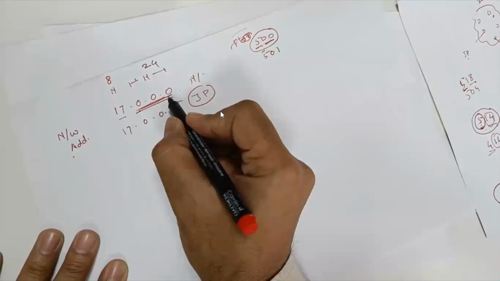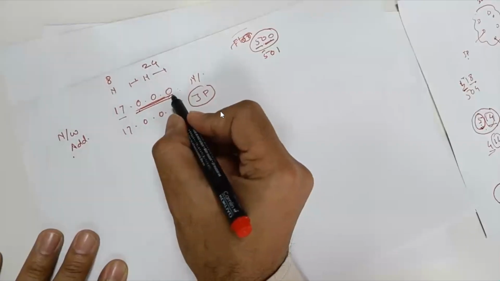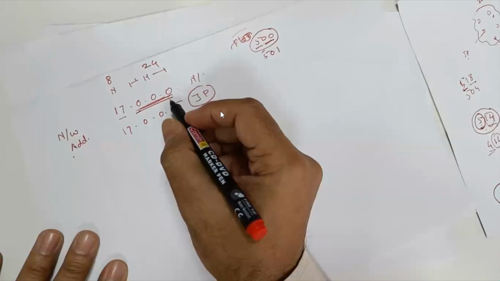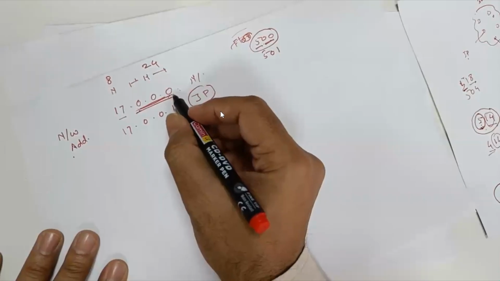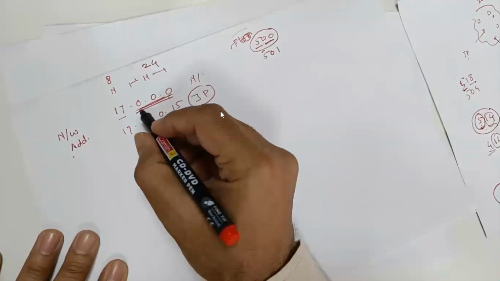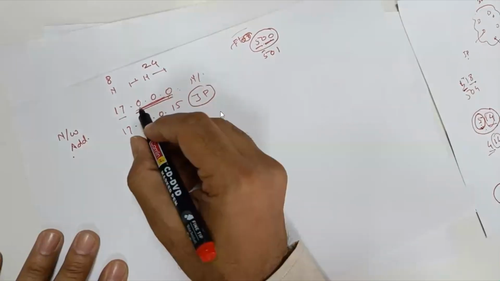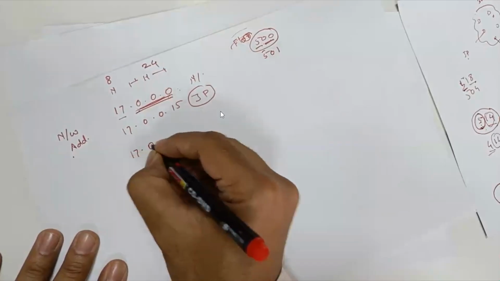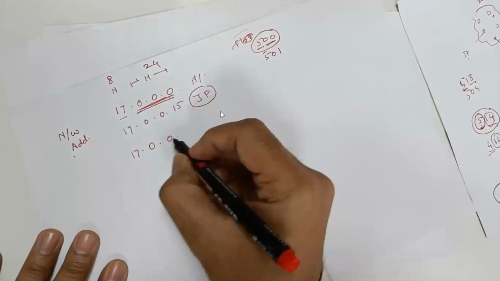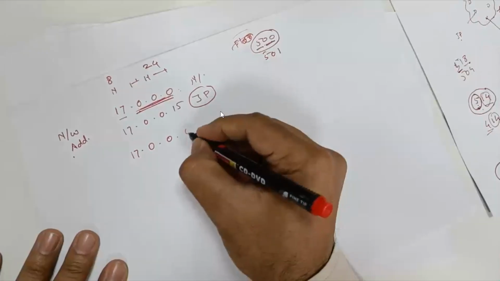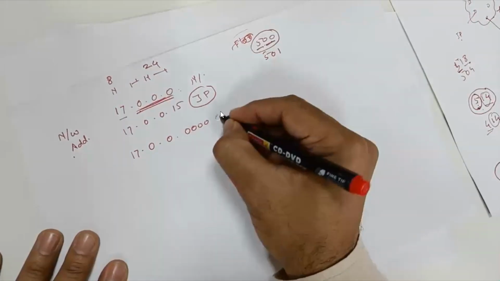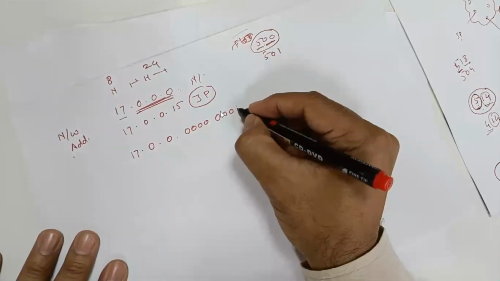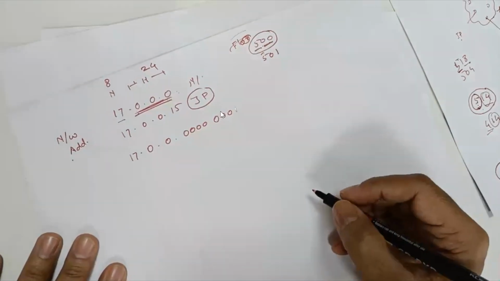So what is the minimum value you can have here? 1, in the last octet. If you write this in binary, only the last octet: 0 0 0 0, you cannot have all zeros, so the minimum value is the last bit as 1.